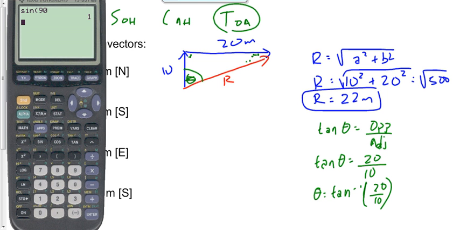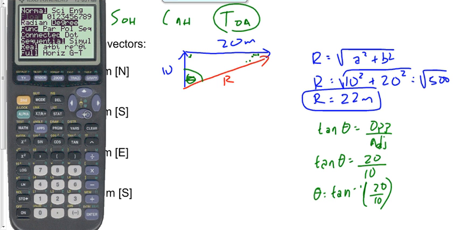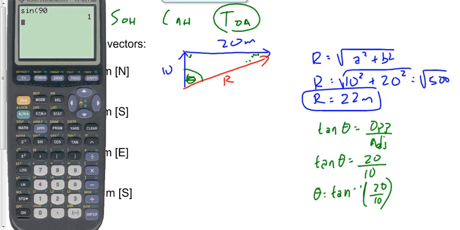Here's how we change that on your TI-83s or 84s or 85s. Go mode, and then scroll down to the third option. You can see that for me, it says degree is highlighted. If for you it says radian highlighted, then you need to go over here to degree, press enter, clear it, and then hit sine 90 again as your little check.